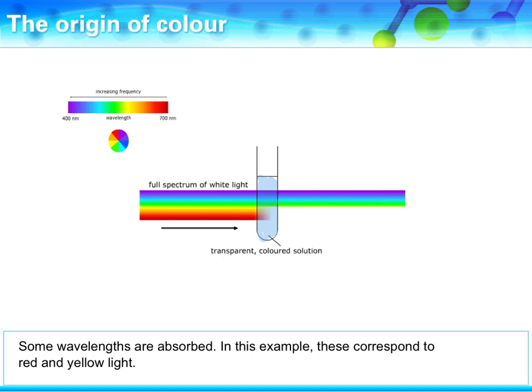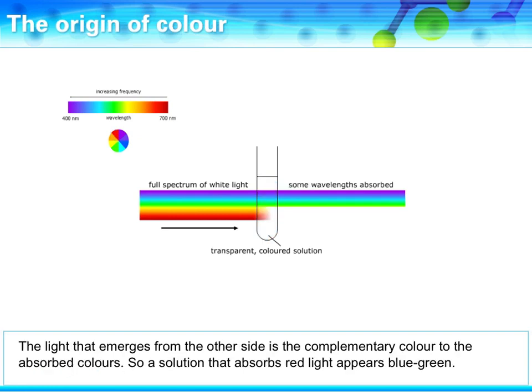So our copper solution is absorbing the red and yellow parts of the spectrum because these are the complementary colours. The light that comes out on the other side of the tube is the complementary colour to the absorbed colour, and therefore a blue solution that absorbs red light appears blue-green.